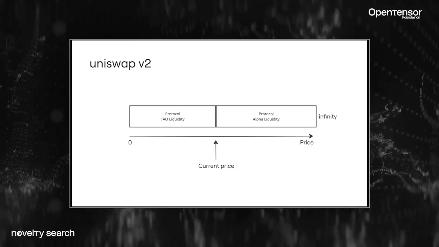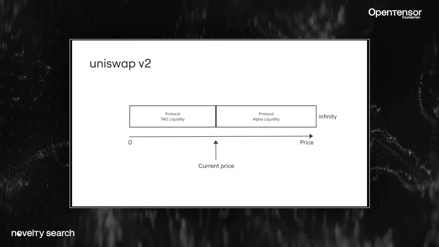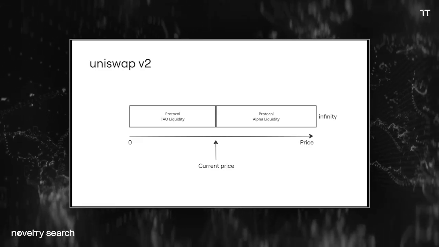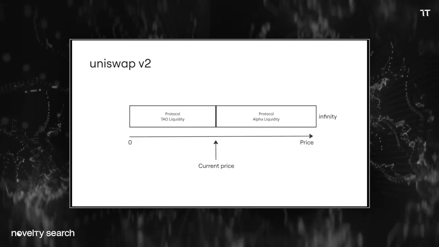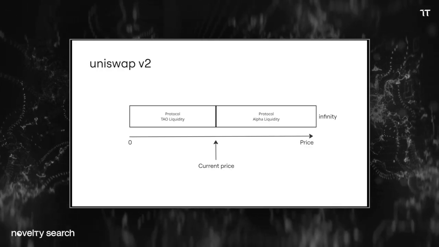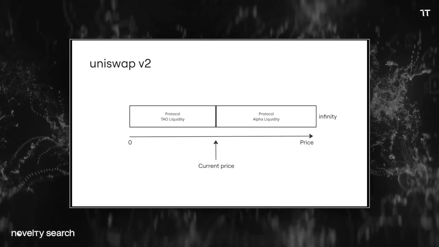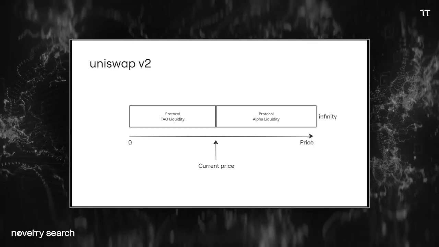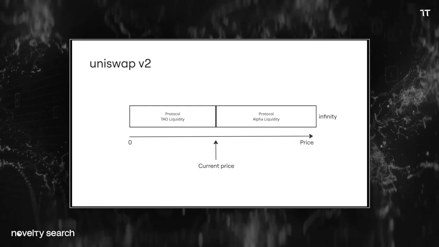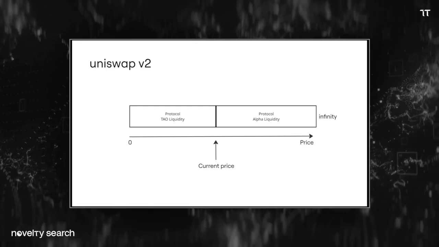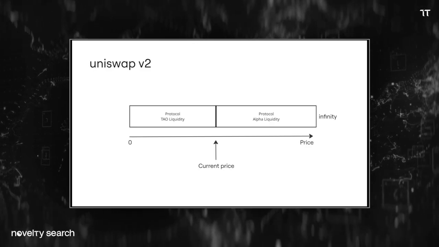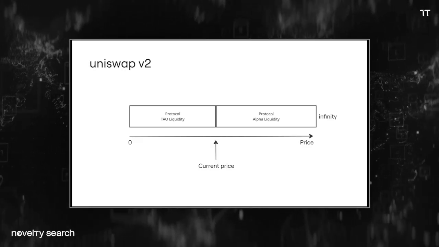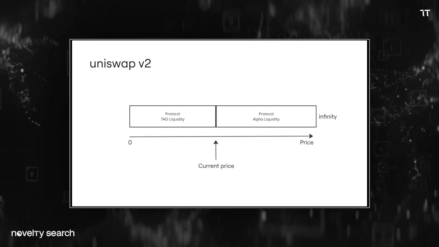The liquidity pool had tau liquidity and alpha liquidity and the current price in between them. So how this used to work, and I'm telling about V2, it's already the past, but maybe somebody doesn't know how it worked. We had the current price, tau liquidity, and alpha liquidity, and the more users were staking, the more were buying alpha, the more the price would go up to the right, and the less people were staking, the more the price would go left. So it was pretty simple.